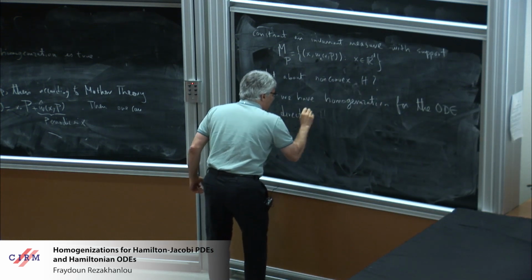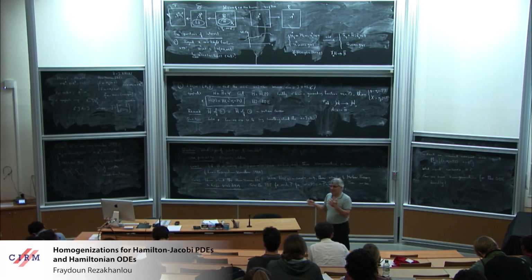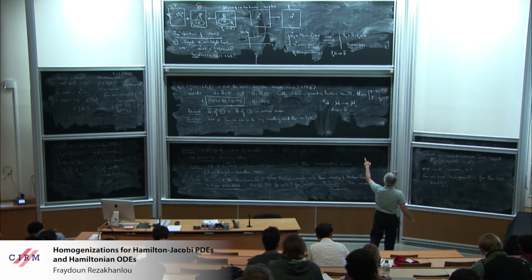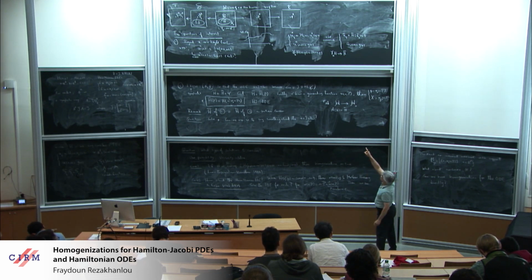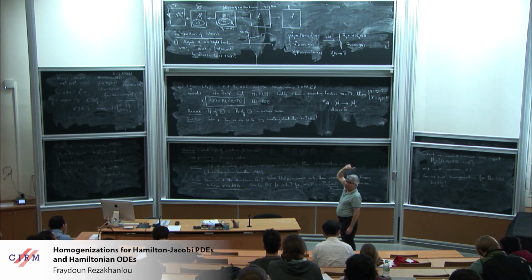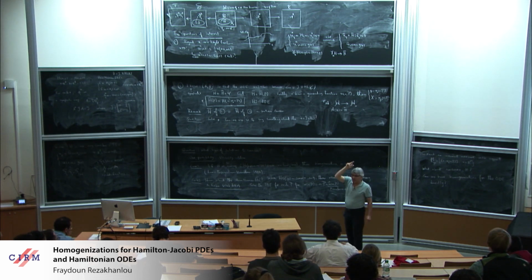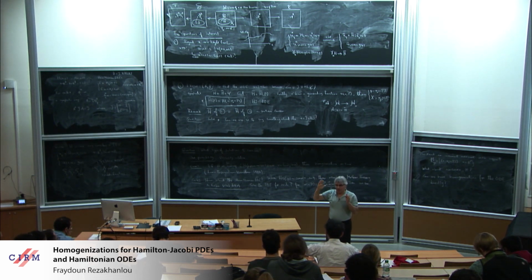You see, maybe there's another formulation of homogenization you can use for the Hamiltonian ODE, namely that box on the right, and that would be a good starting point. So maybe I can come up with another notion of homogenization, and I use that to produce some H bar for you, and then that H bar maybe can be used to say something about the corresponding ODE. So that would be the attempt.